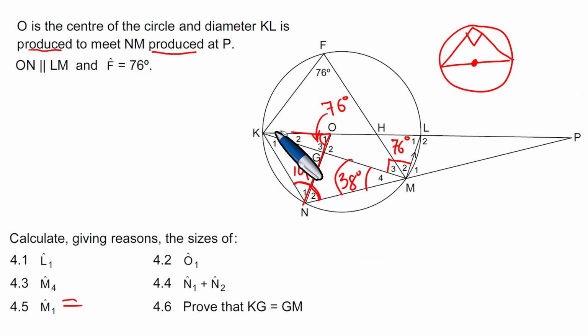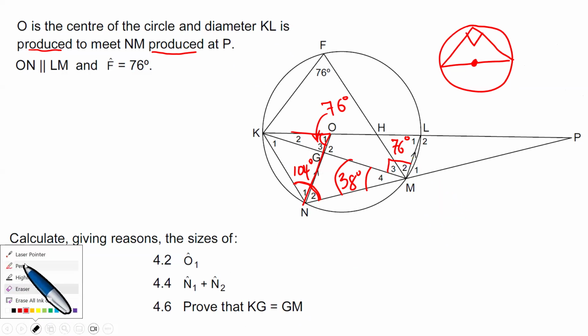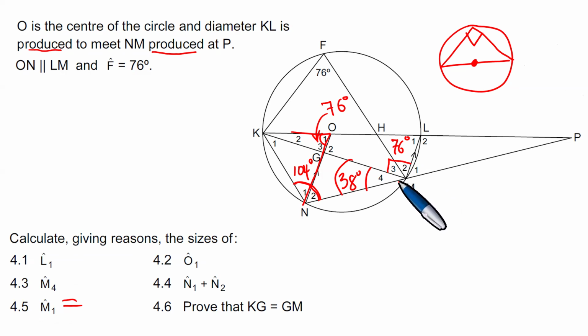Because KL is a diameter, this angle is 90 degrees. If this angle is 90 degrees here, we are good enough, because this one is a straight line.